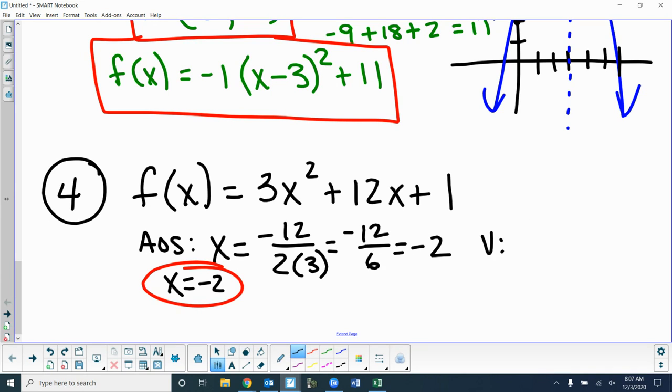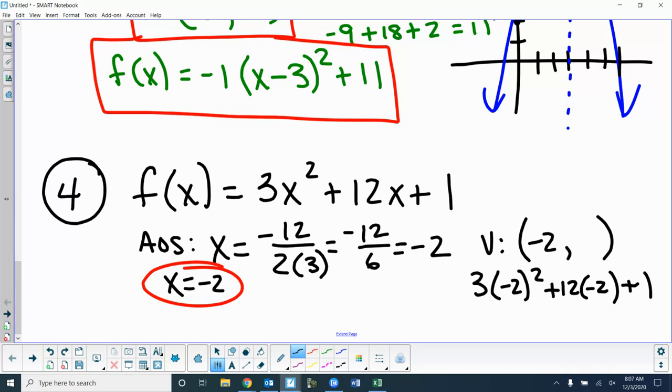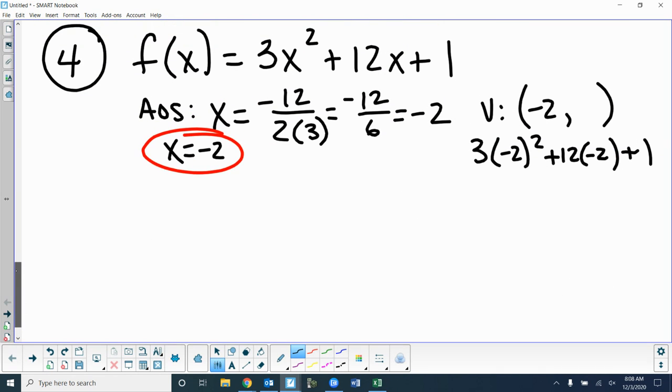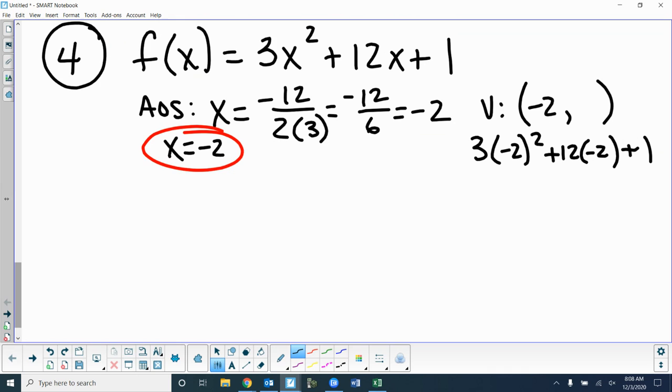The vertex x value is negative 2, and then I've got to plug negative 2 in. So I'm going to go 3 times negative 2 squared plus 12 times negative 2 plus 1. Here's where a lot of you made mistakes on last week's quiz. Some of you will multiply those first, say that's negative 6, and square it to get 36. It's the wrong order.